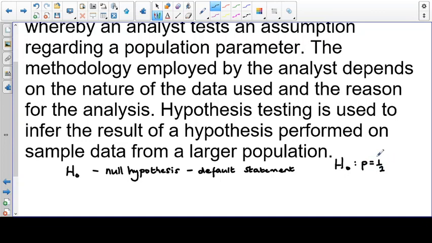So the probability of getting a head would be a half. So we always have a default statement that we assume is true.